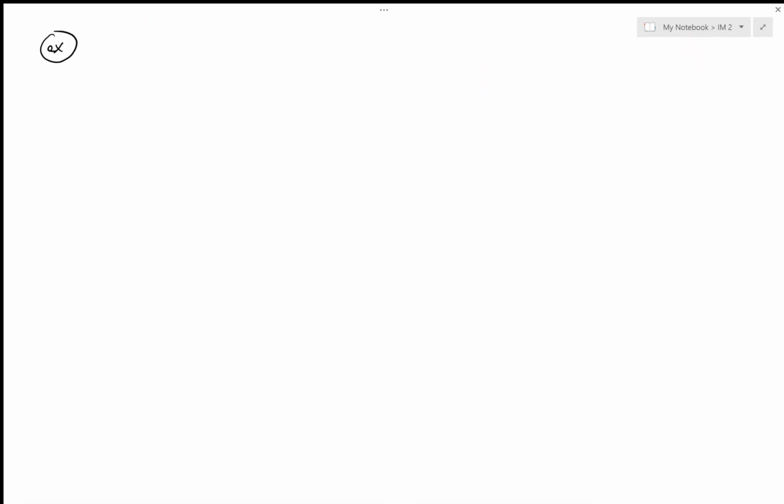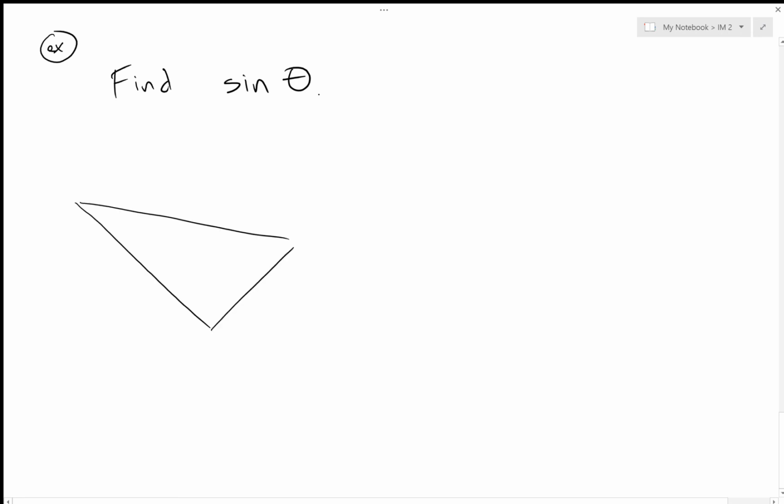Now there will be some problems where it just tells us to find certain ones. So let's say find the sine of theta for the following triangle. So again, it has to be a right triangle. Mark that. So I have a 16, an 8, and an 8 square root of 5.